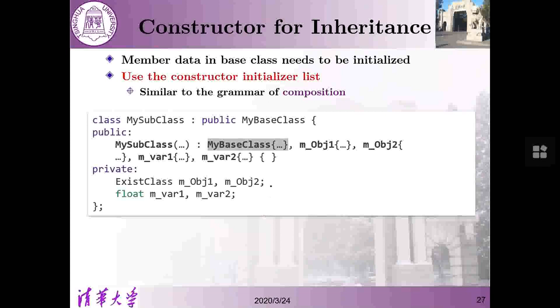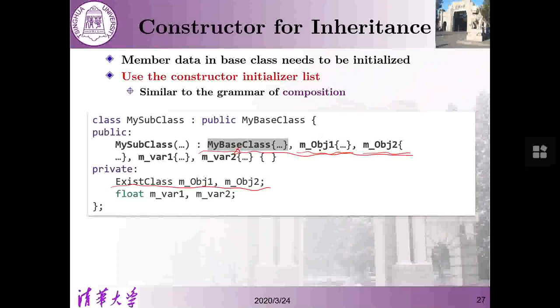And then here are some grammars on constructors in inheritance, similar to composition. We can call the base class constructor in this way. And these are the ways to call the constructors of the member objects, right?